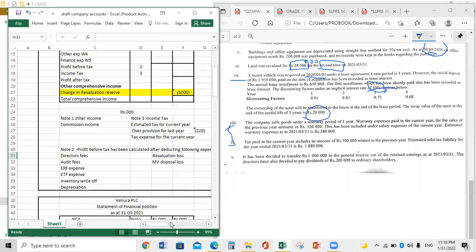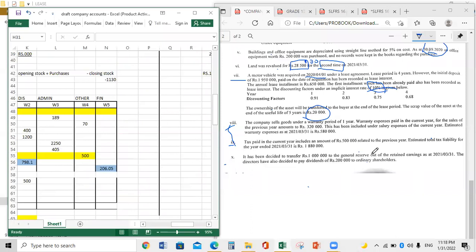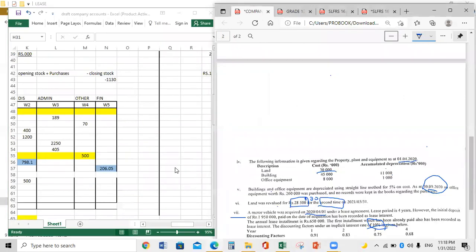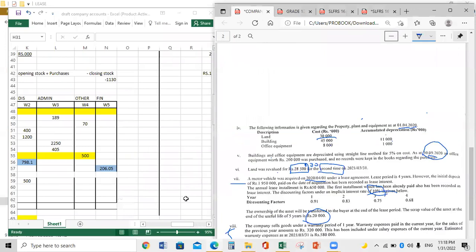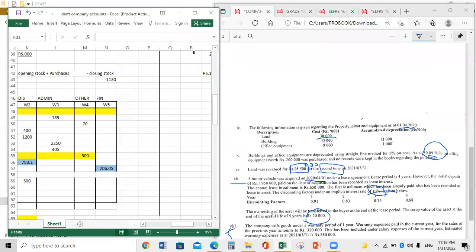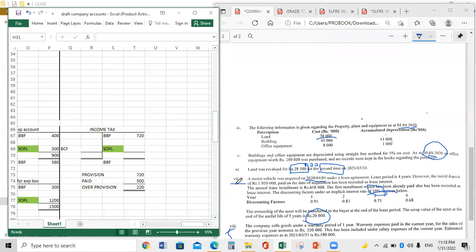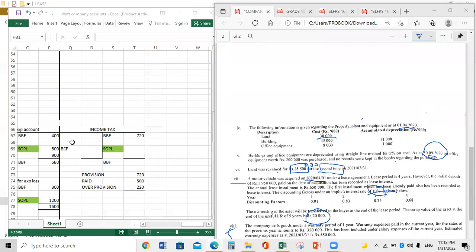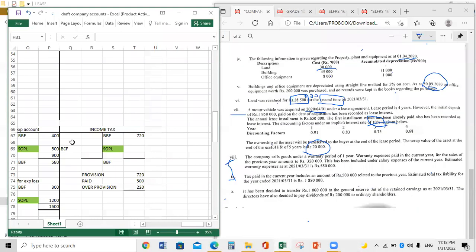Okay, now let's continue. How much is the total tax paid? In the trial balance, they would have given the tax paid. 1,900. So when you pay tax, cash goes out, cash is credit, while the tax account is debit.